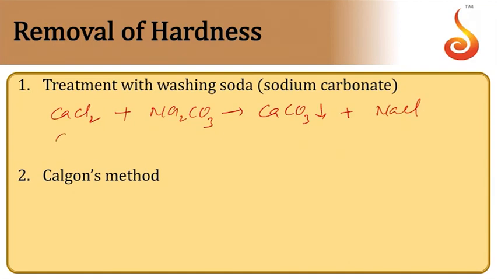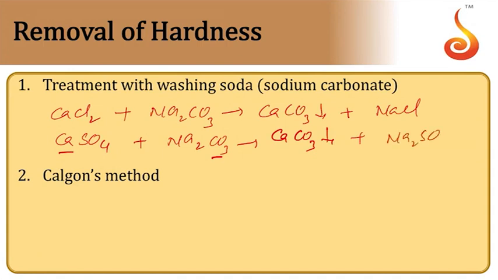Suppose you have calcium sulfate, adding washing soda, Na2CO3, it forms once again calcium carbonate, CaCO3, as a precipitate, plus Na2SO4. So you are converting chlorides and sulfates into calcium carbonate, which is a precipitate. Similarly, you can use it for magnesium chloride or magnesium sulfate also. So by adding it, you are converting the calcium ions into corresponding carbonates, which can be removed.